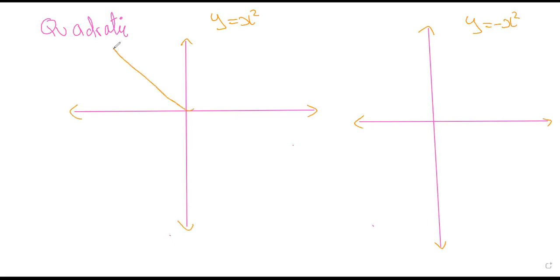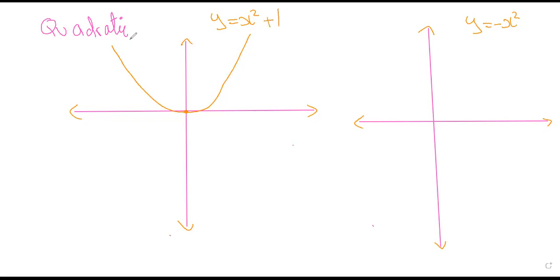of this type. Okay, not exactly this type. Wait a second. This point is basically passing through the origin. Now, obviously, let's say you have plus 1. What would happen?